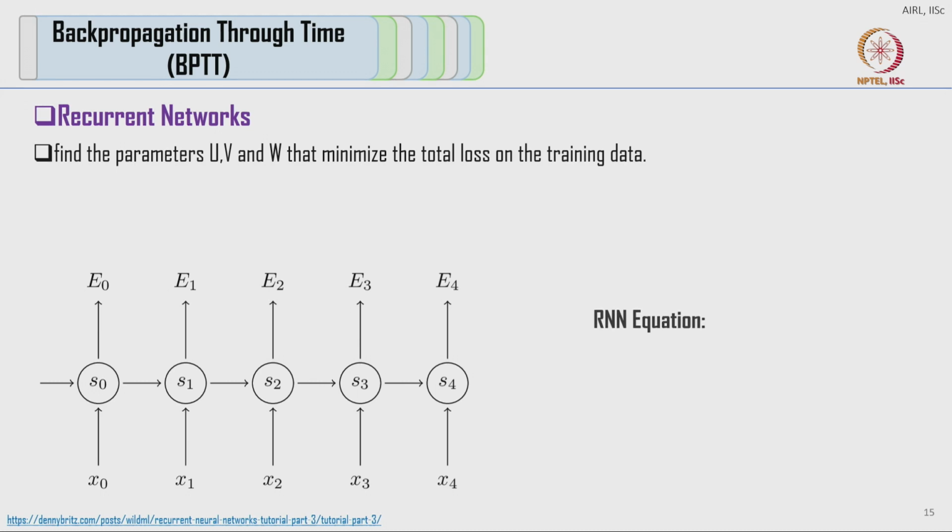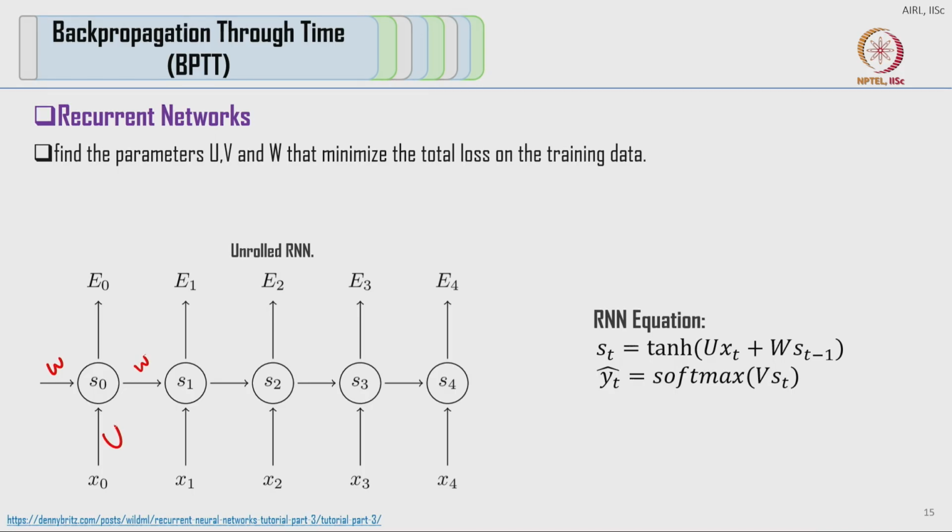Now let's focus on this particular structure, which is similar to what we saw earlier. We have the learnable weights W, which are the learnable weights for each hidden layer. We have U and we have V, right. Now each RNN at various timestamps would have an error, which is why the error is defined as E0 plus E1 plus E2 and so on, right.